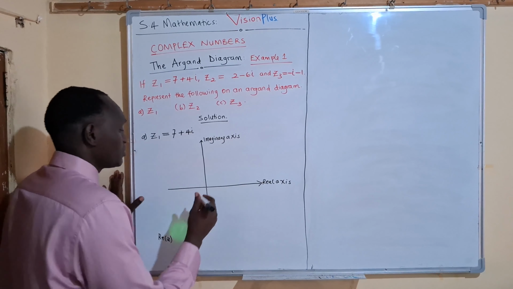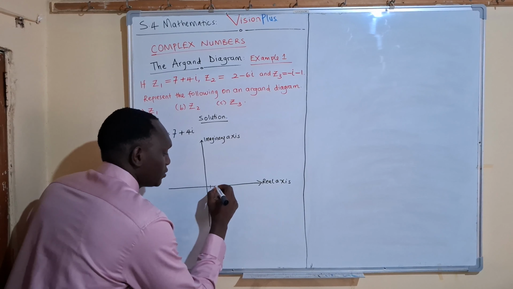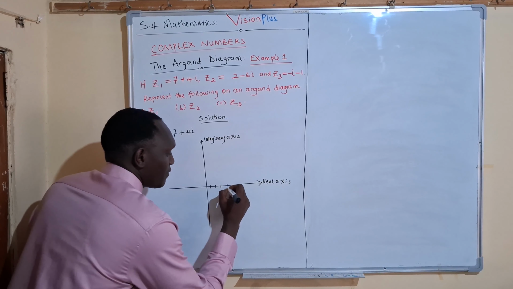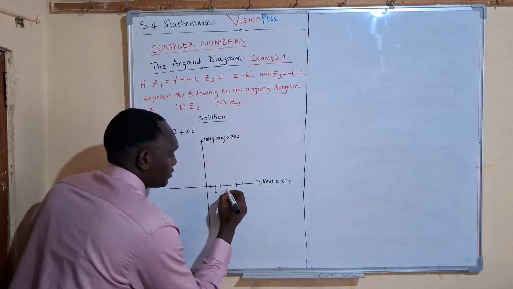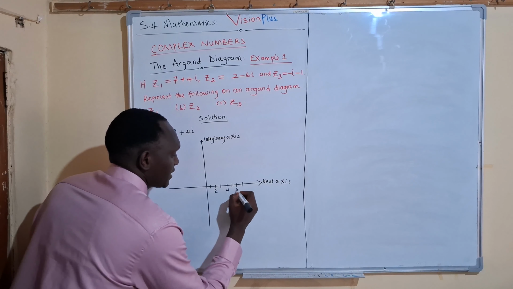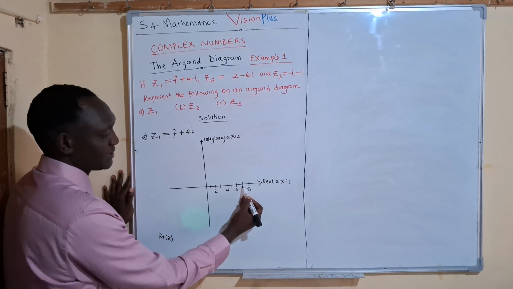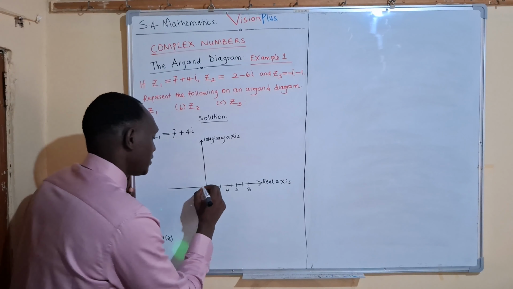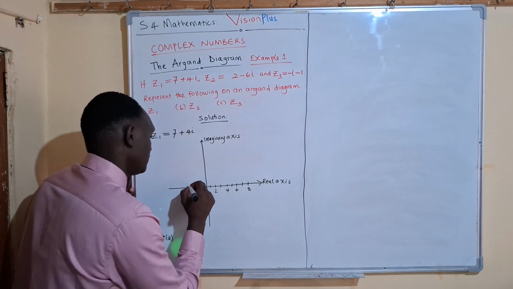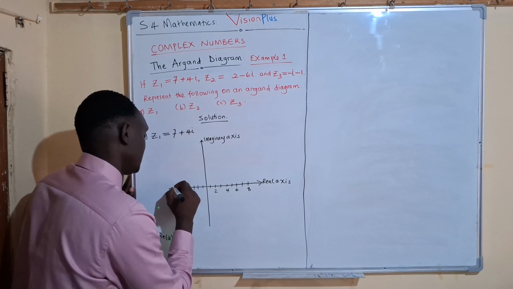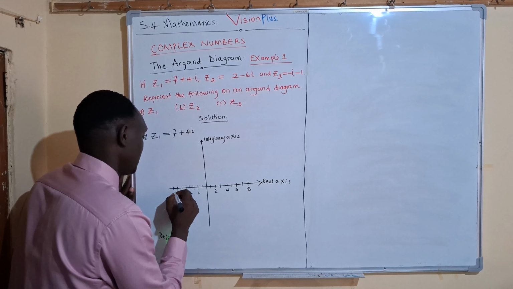So you just come and you mark the same sizes. 1, 2, 3, 4, 5, 6, 7. 1, 2, 3, 4, 5, 6, 7, 8. This scale now contains 7. This is 7. And then you can mark the same here. 1, 2, 3, 4, 5, 6, 7, 8.